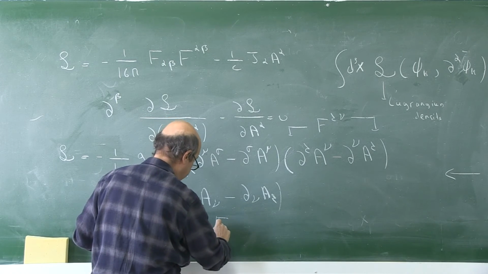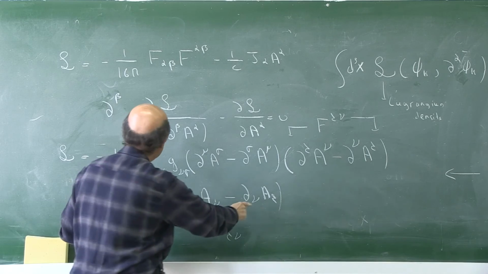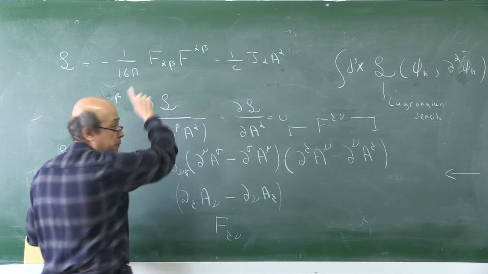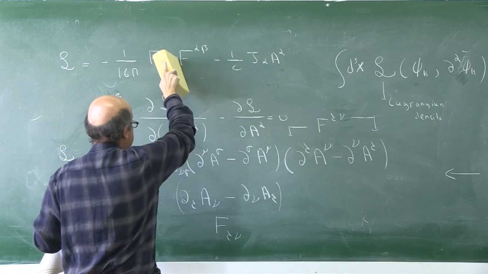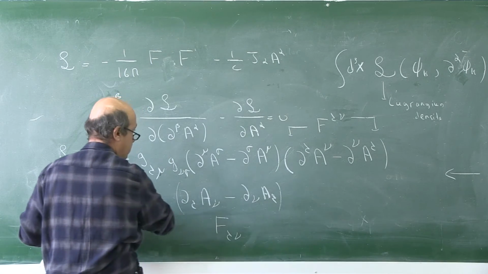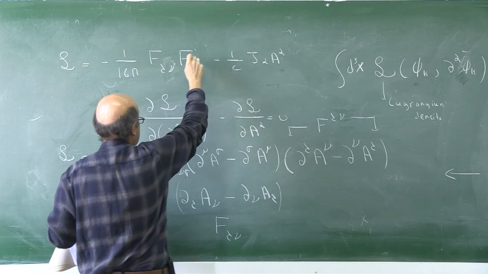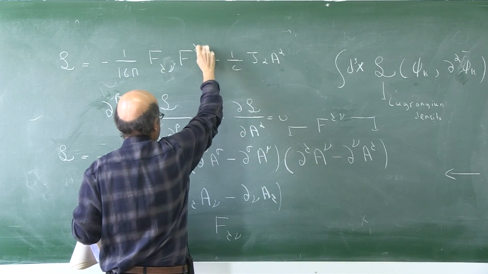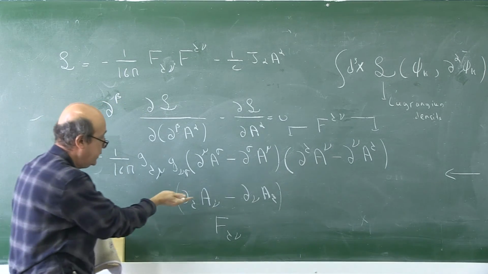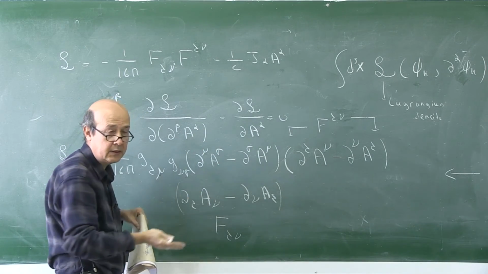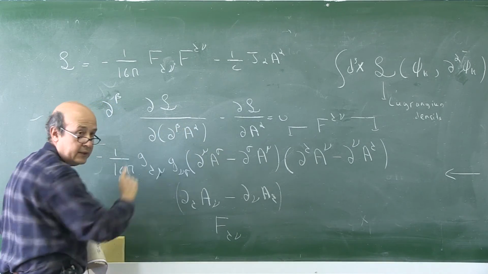F lambda mu. F lambda mu is F alpha beta, they are the same; the indices are dummy. So I take all indices to upstairs because I am going to take the derivative with respect to the upstairs indices.